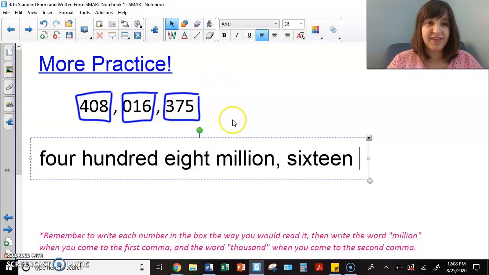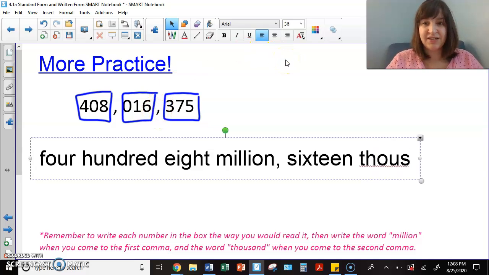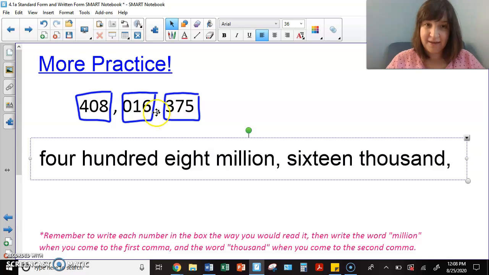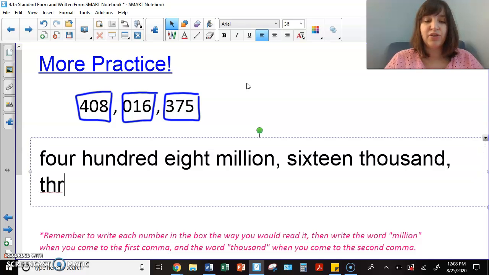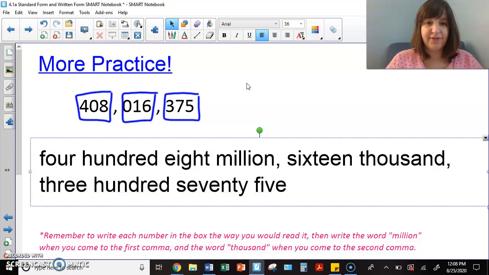So after this second box, I come to my next comma. My next comma says thousand. So I'm going to type or write thousand with a comma. After my second comma, I come to my last box. My last box is 375. So I'm going to write it the same way I say it. 375.